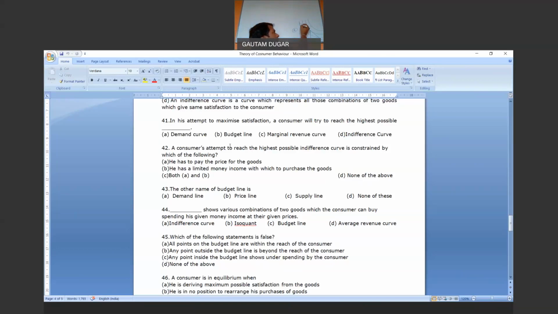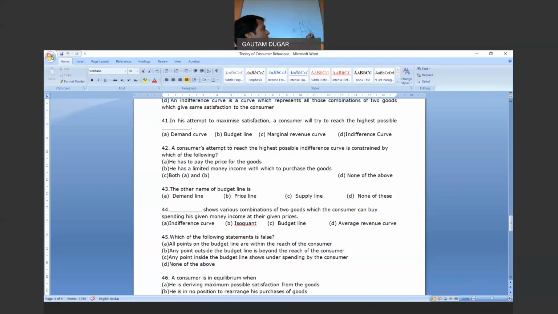Equilibrium is not possible at these two points. Reason? These two points are lying on indifference curve 1, IC1, which is lower than IC2. And in IC2, the consumer is getting more satisfaction than IC1.